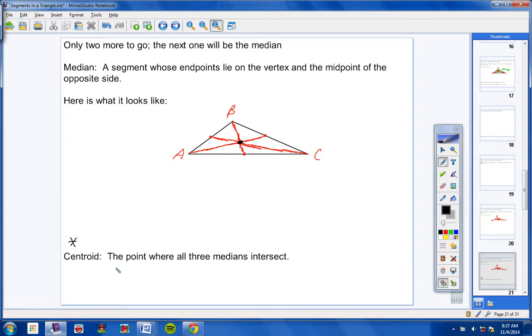It's the point where all three medians intersect, okay? The centroid is the point where all three medians intersect. Okay, now there's something special about this point, just like there were in the other two, okay? And I'll put that up here on the screen in just a second. Go ahead and copy this down.